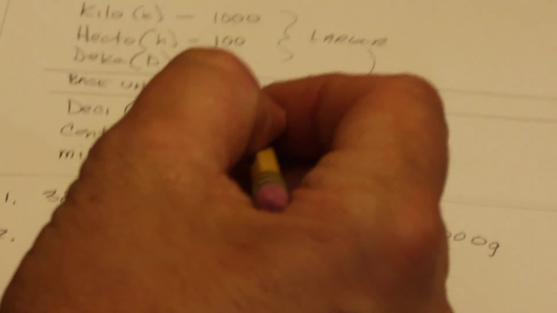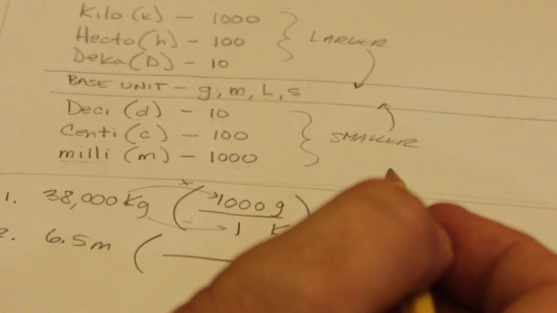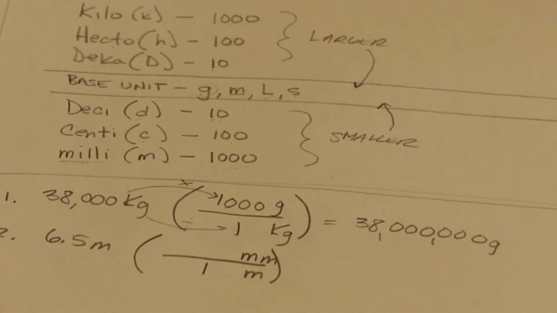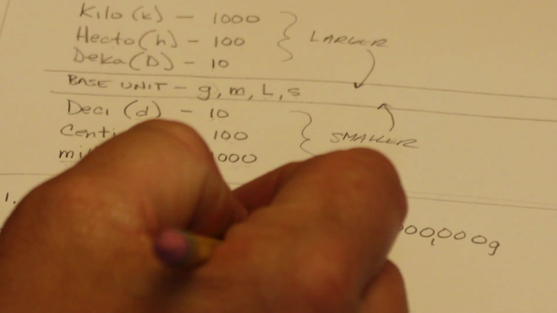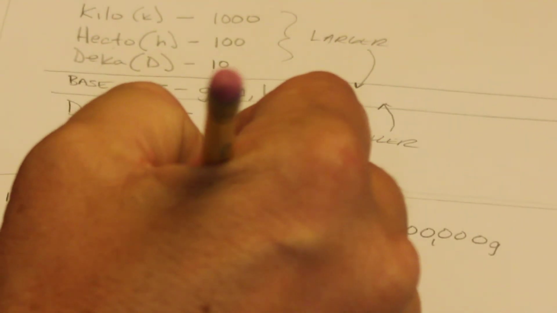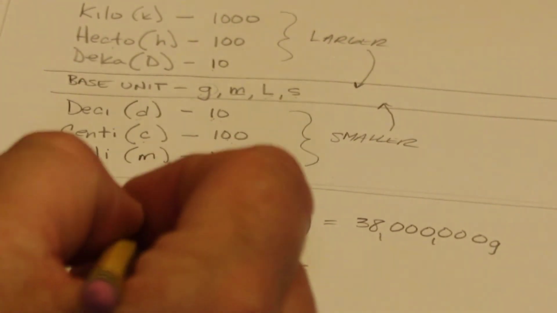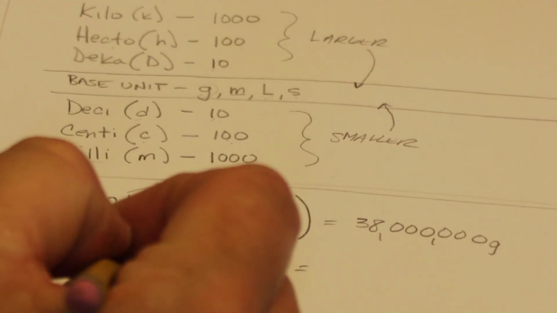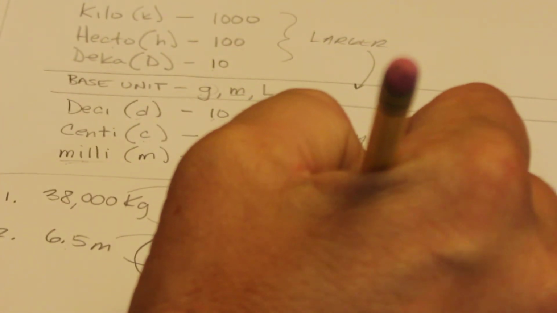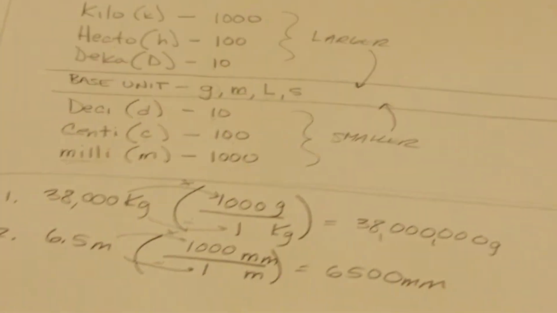Well, I see meters here, milli is down here for millimeter, so meters is larger, so you put a 1 next to that. And what is the prefix for milli? Milli means 1,000, so I'm going to put 1,000 here. Again, 6.5 times 1,000, then divided by 1, that would give me 6,500 millimeters as my answer.